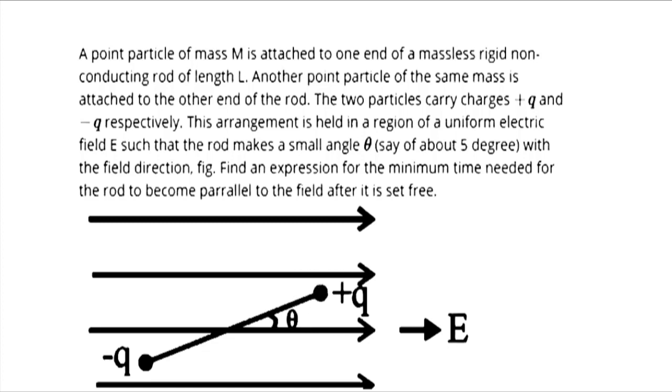Here this is the electric field and this is the dipole, with the negative q charge at one end and the positive q charge at the other. This is the direction of the force on the charge due to the electric field.